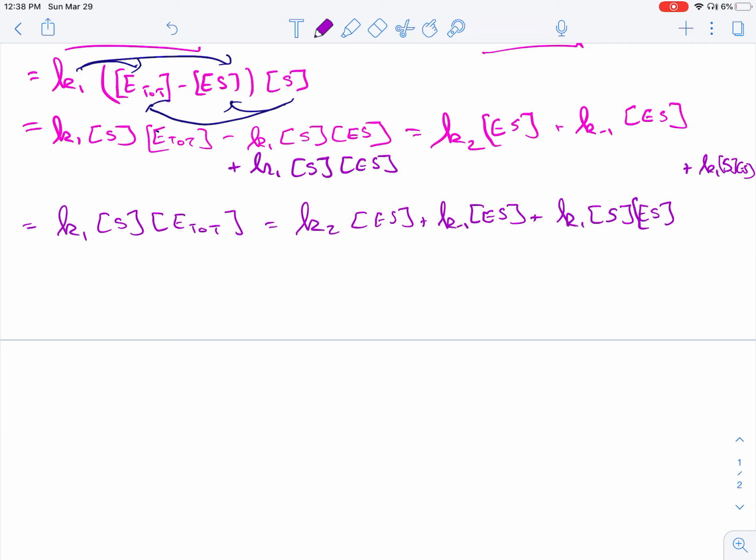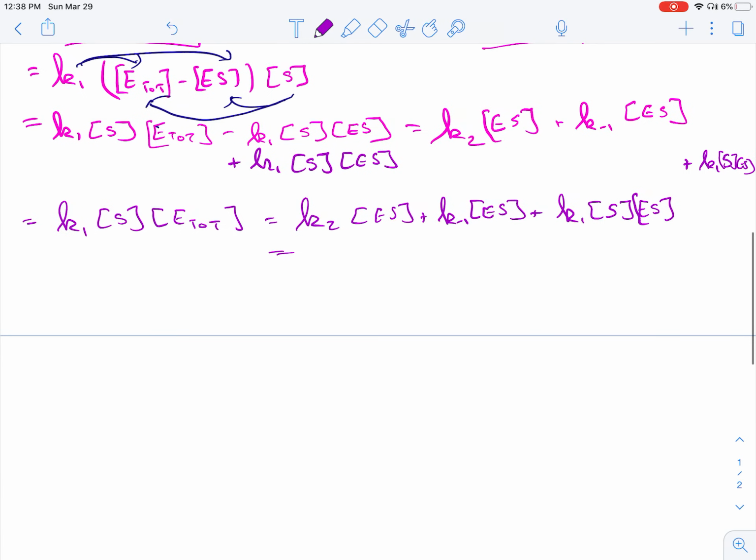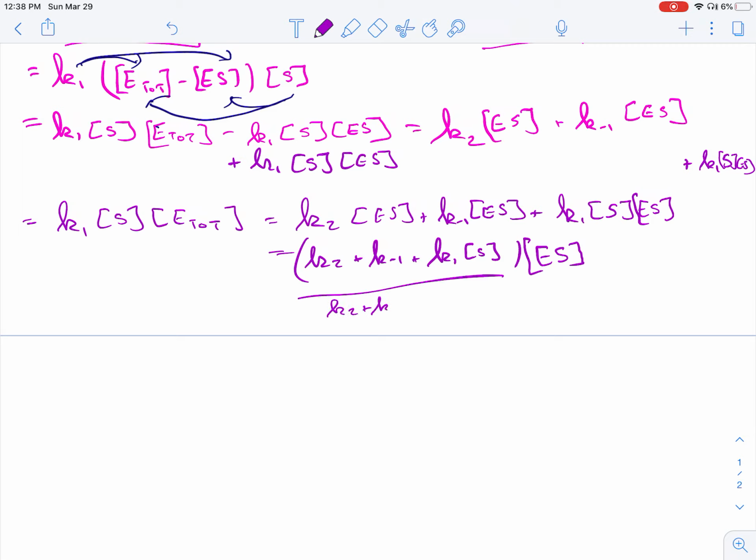And then you can factor out the ES here. So this would be K2 plus K minus 1 plus K1S, all times ES, right? And then all you have to do is divide by K2 plus K minus 1 plus K1S.